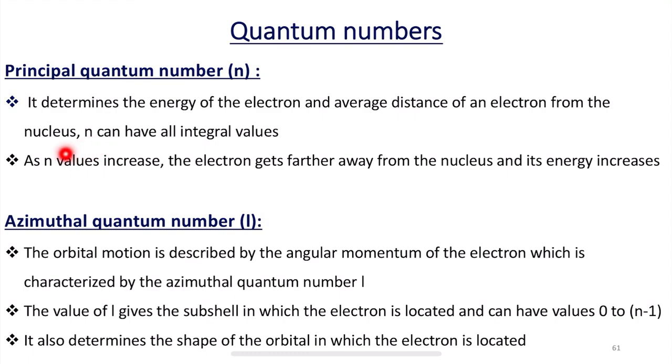It can have all integral values. As the n value increases, the electron gets farther away from the nucleus and its energy increases.